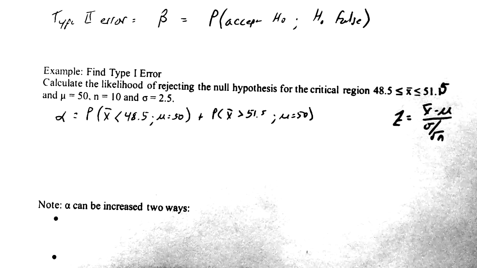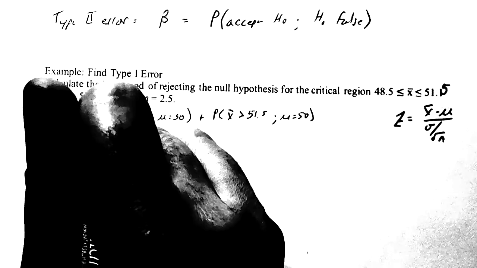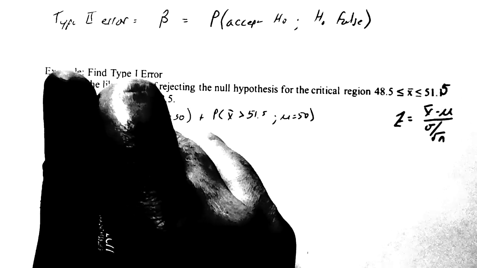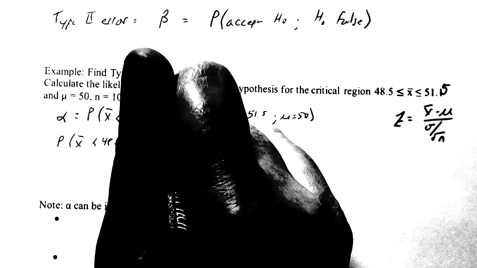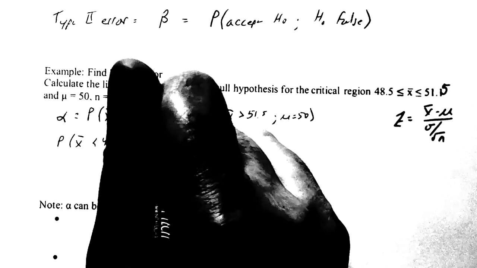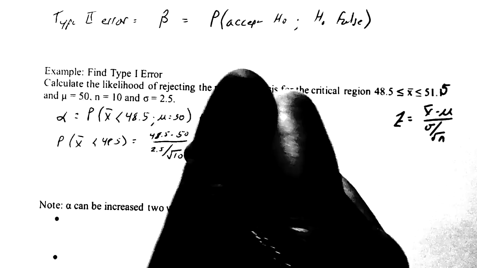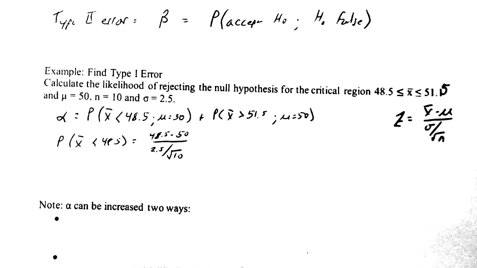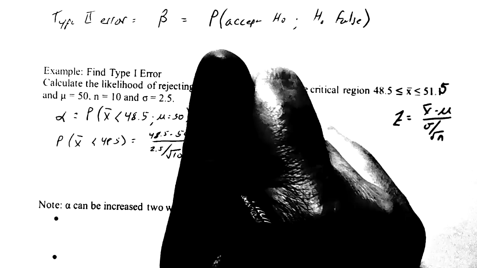And so first, the probability that X bar is less than 48.5 is equal to 48.5 minus 50 divided by 2.5 over the square root of 10. And so that is equal to negative 1.5 divided by 0.79.